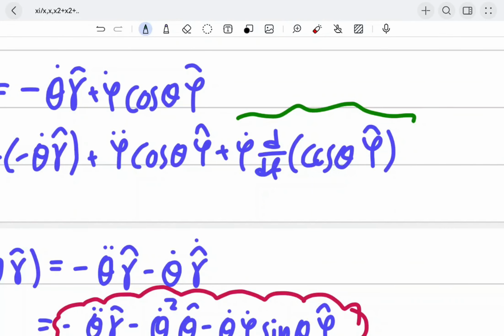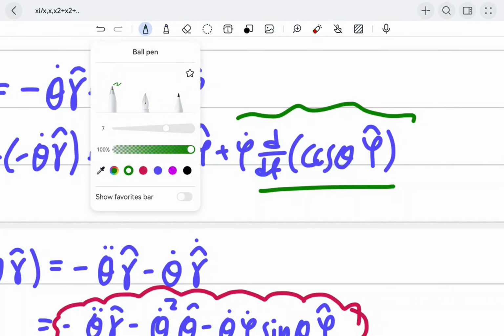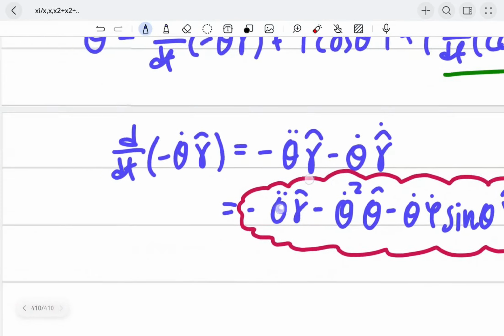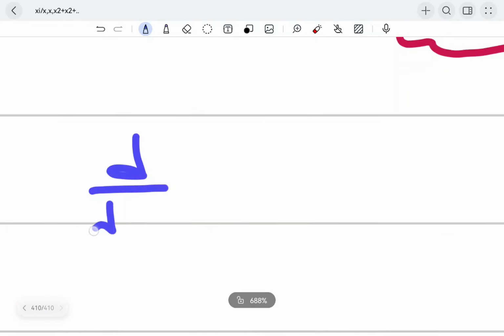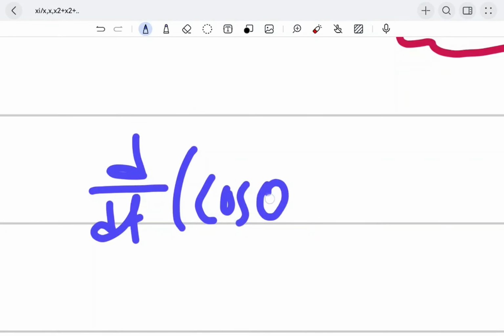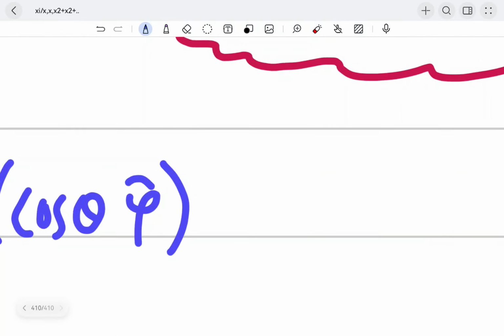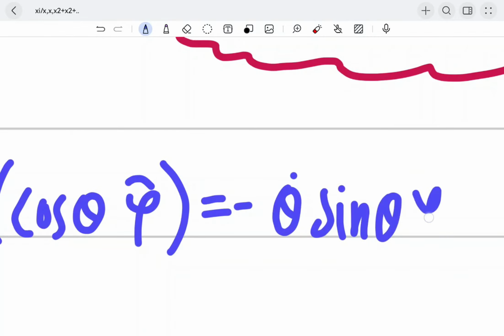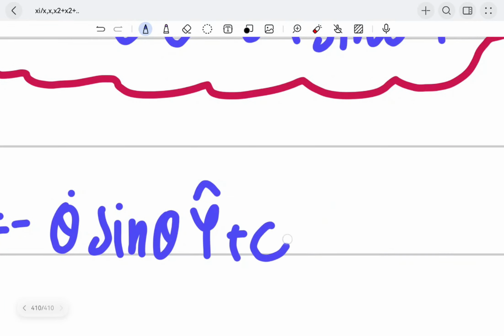For this part, I'll take the derivative of cosine theta phi hat. This equals minus theta dot sine theta phi hat plus cosine theta phi hat dot.